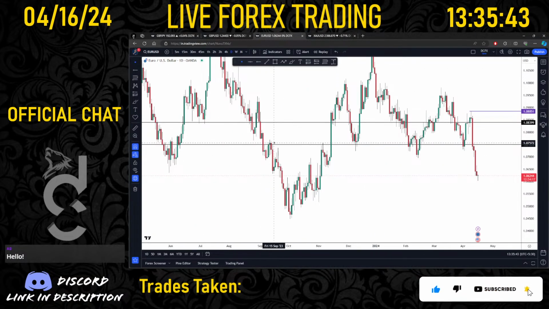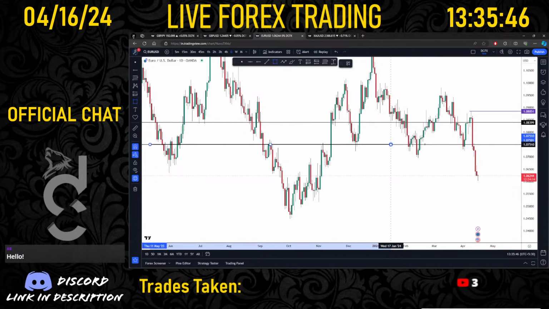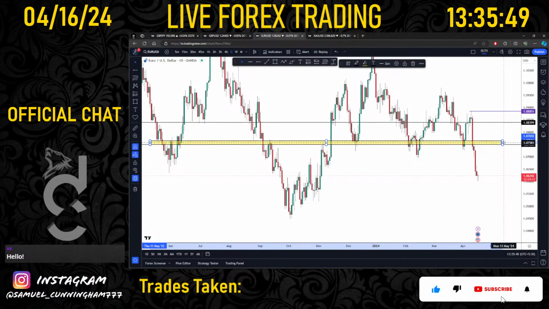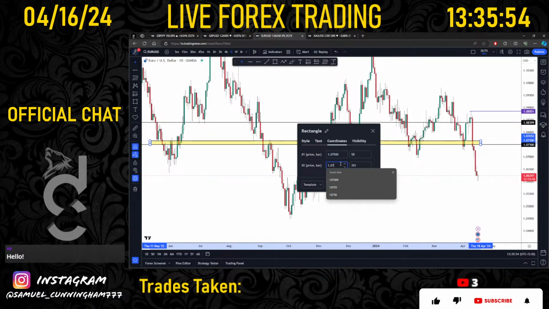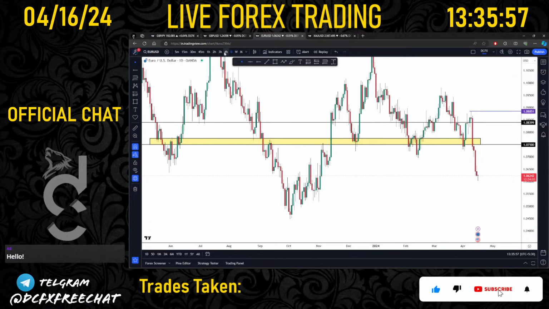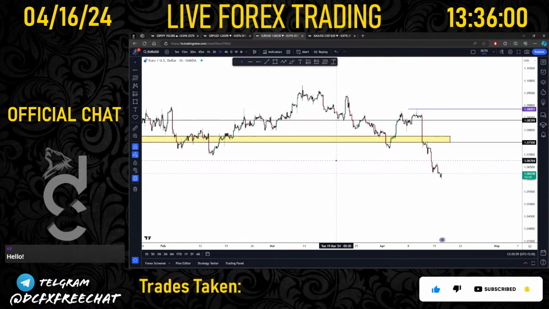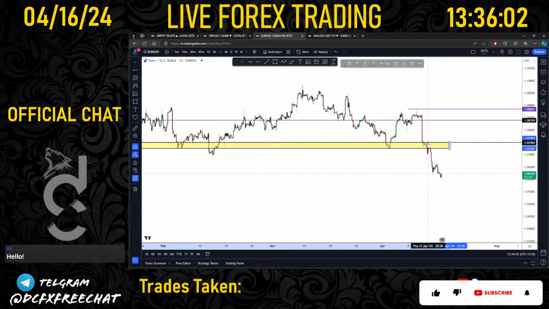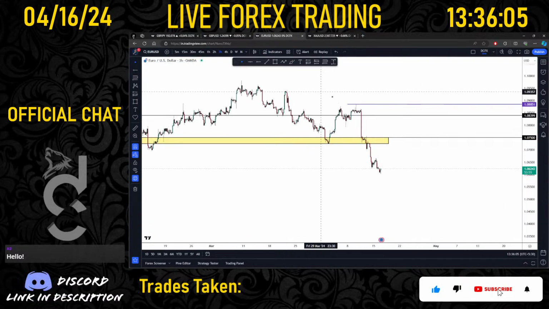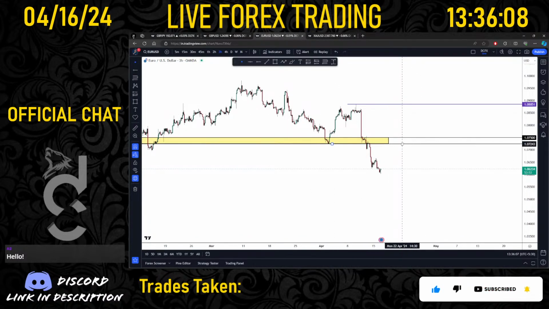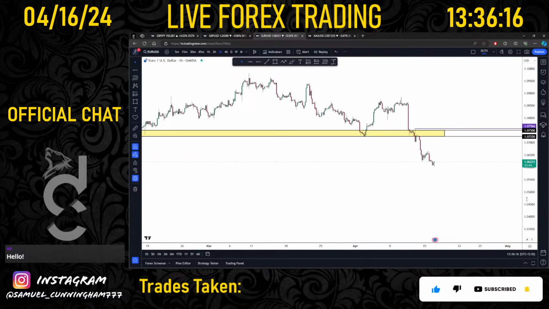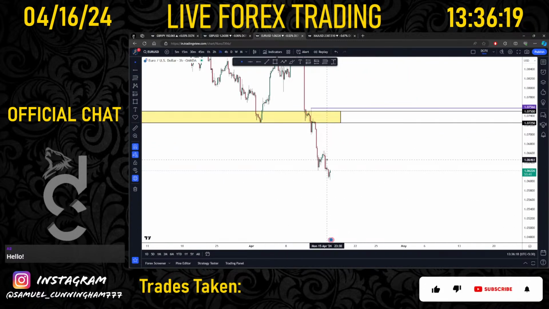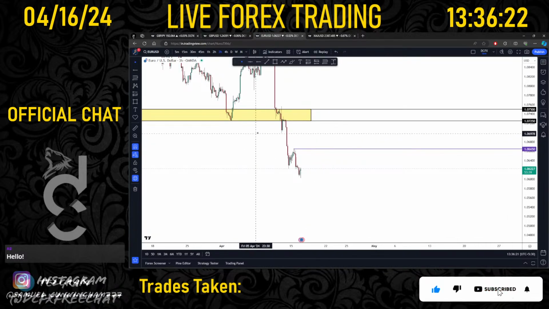This looks good, this resistance. I'm gonna put this a little lower. I'm gonna use this over here, since this is the previous high that took out the low, bringing that down there.